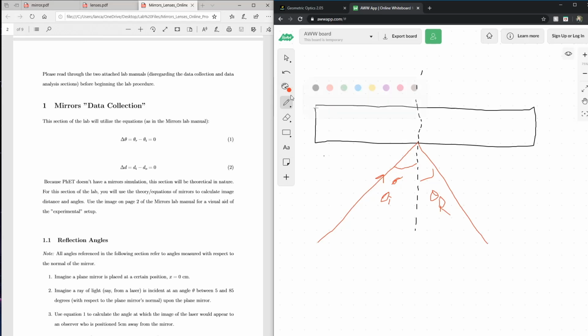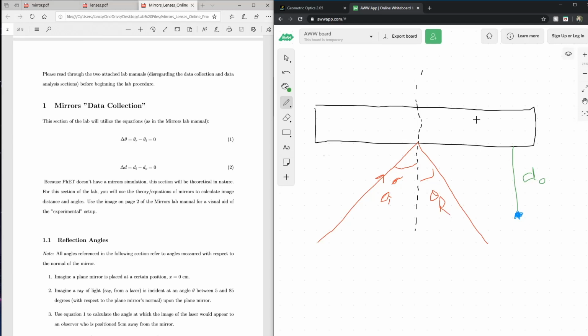Now, there's another geometric result of the law of reflection that has to do with what are called image and object distances. This is a little weird because let's say I place an object here, like a hairpin, or maybe somebody's standing here in front of a mirror at some distance D_O, standing for the distance of the object away from the mirror.